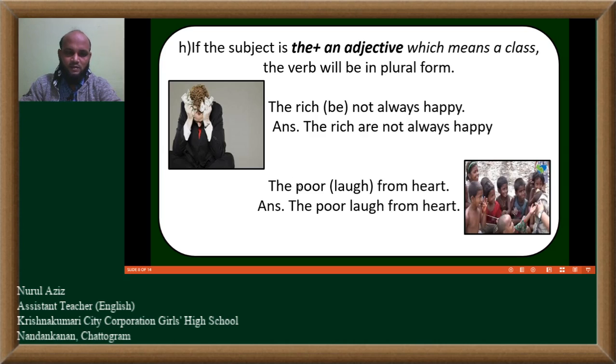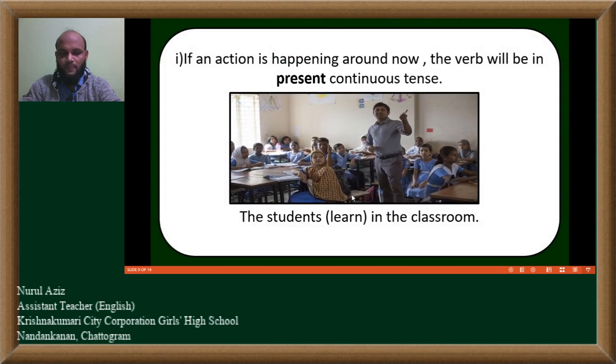So here you see the subject is in plural form. The poor in general, all the poor. The rich in general, all the rich people. So these are plural subjects. That is why the verb should be in plural form. Here you don't need to change the verb because this is in plural form.